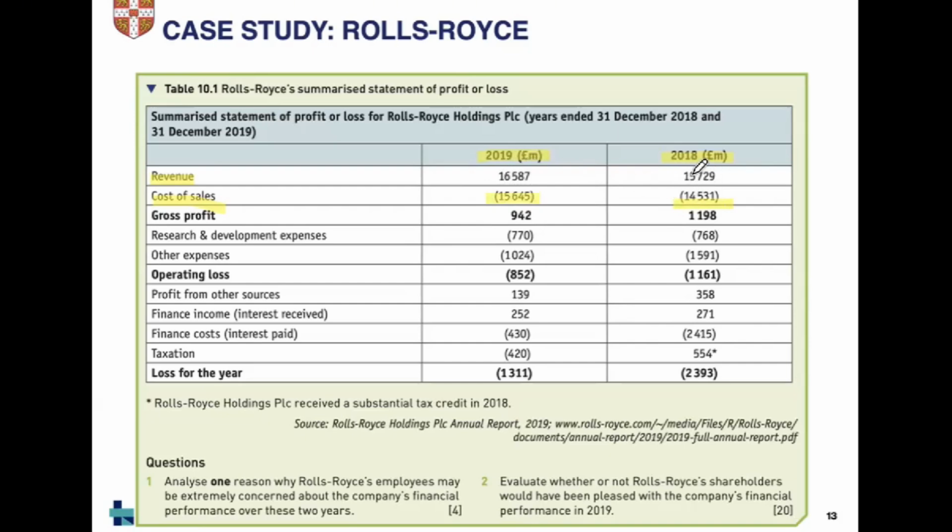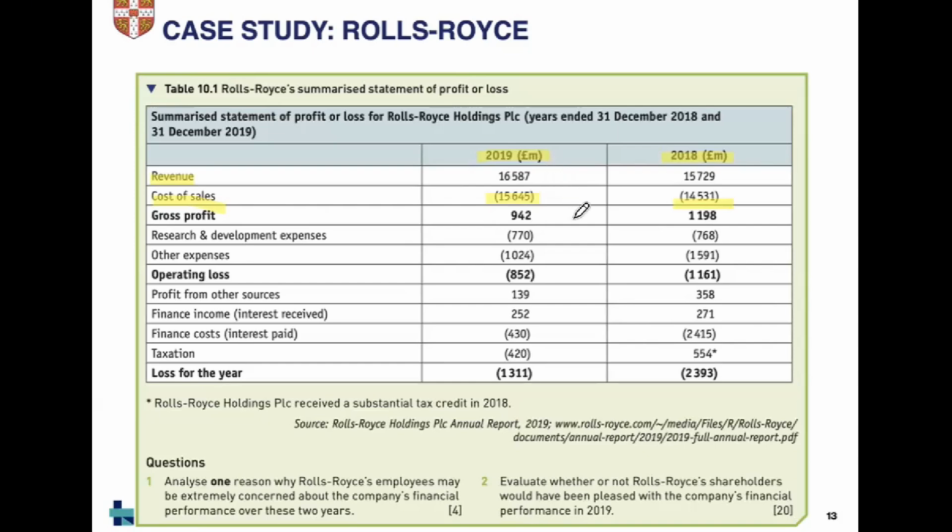So the revenue here is 15,729 for 2018, and the revenue in 2019 increased to 16,587. All right. Then the gross profit can be calculated. Remember, we said the gross profit is the revenue minus the cost of sales.